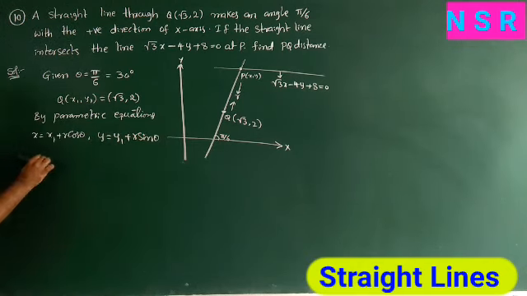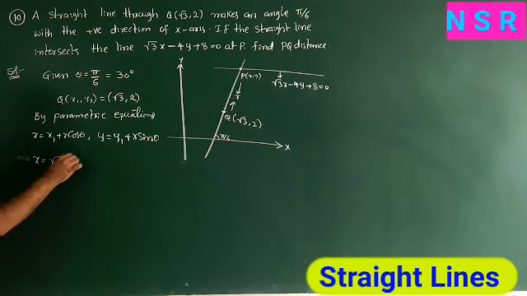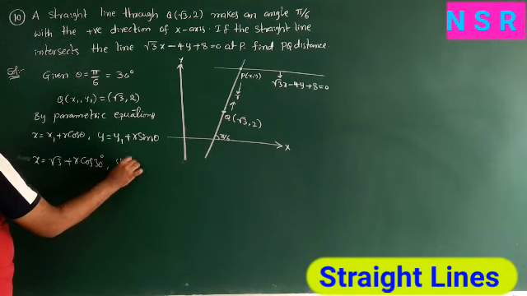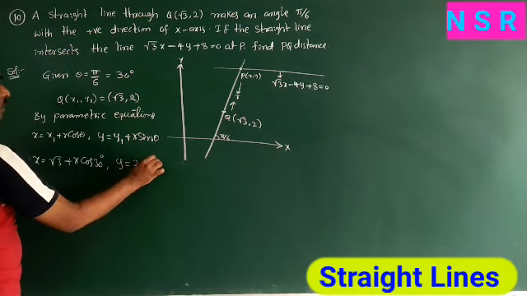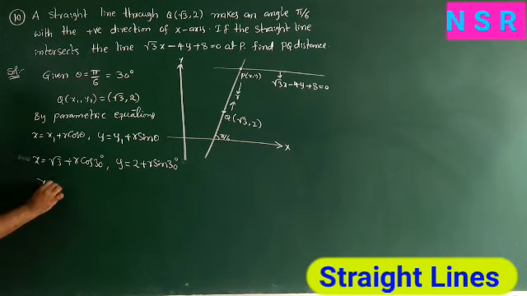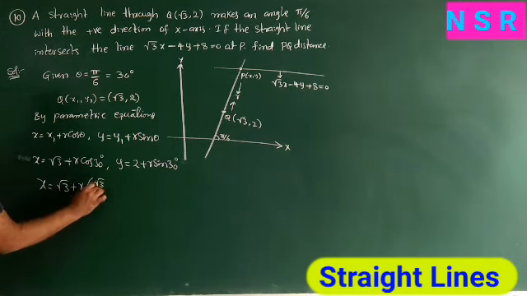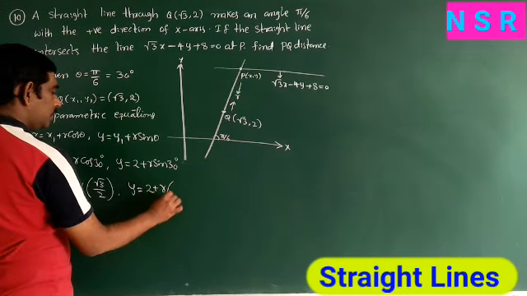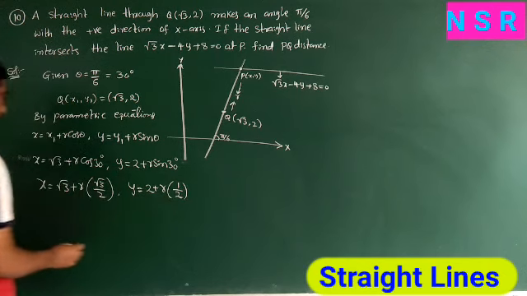So substitute the values: x = root 3 + r cos 30, y = 2 + r sin 30. Cos 30 is root 3 by 2 and sin 30 is 1 by 2.